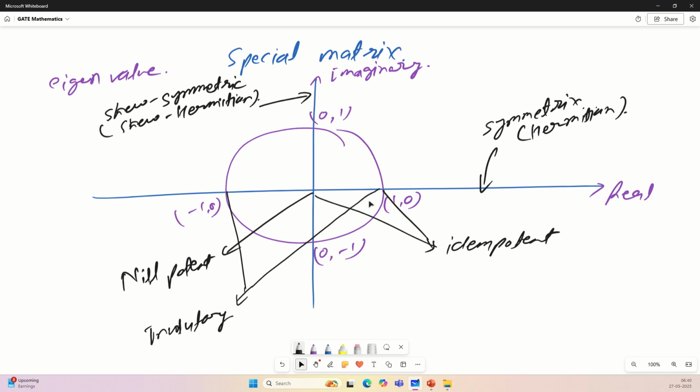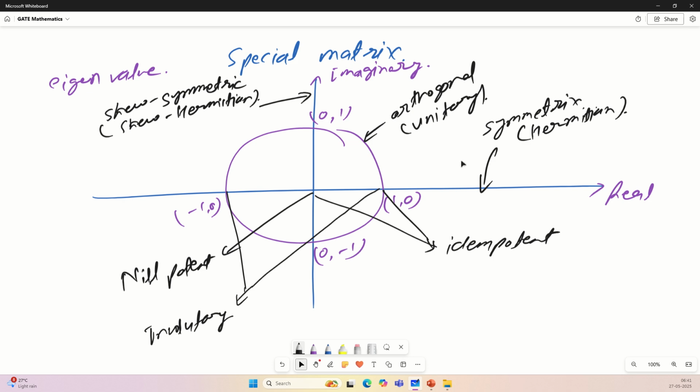Then what is remaining? We had unitary matrix or orthogonal matrix, right? So for orthogonal matrix, I have told you that all the roots or all the eigenvalues will lie on the absolute one. So this will be the unitary matrix or orthogonal matrix or unitary.